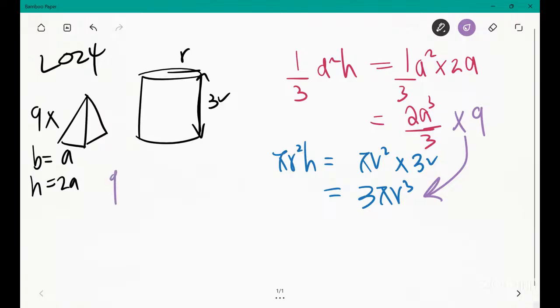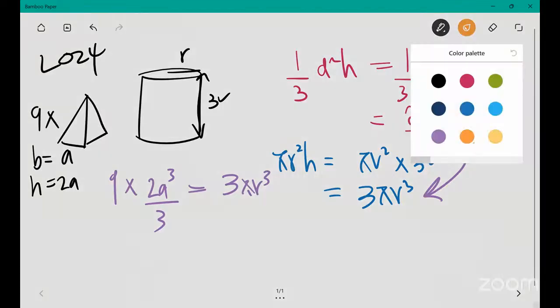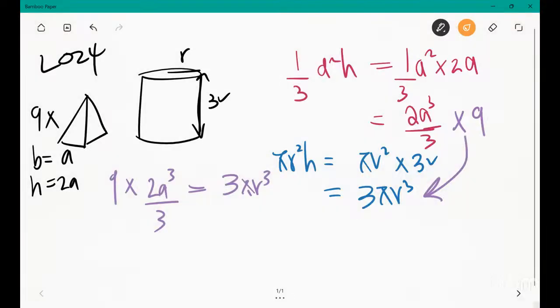So therefore, 9 into 2a cubed over 3 is equal to 3 pi r cubed. Here we have to make a cubed the subject. You can simplify this: this 3 goes. Now let's bring the numbers to the other side.